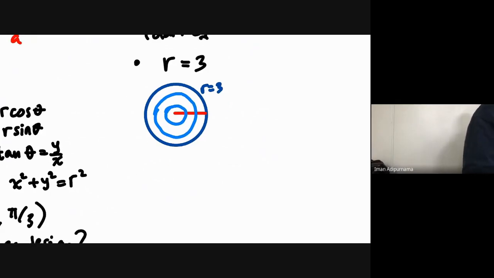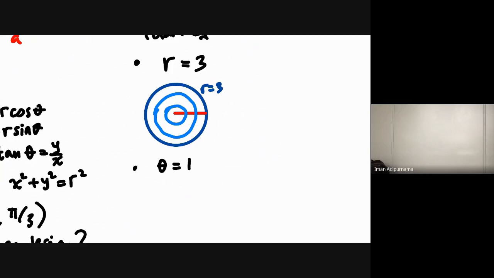What will happen if you have theta equal 1? What will be the shape? Use your imagination. Always start from here. Let's just say theta equal 1 is like this one.